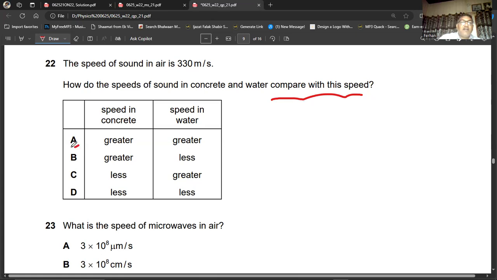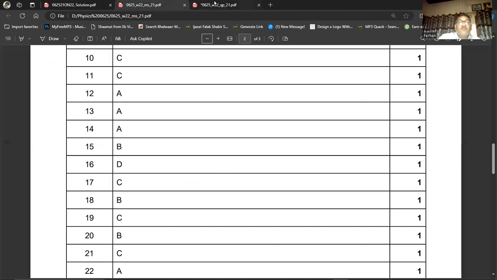So greater, greater. A very tricky sentence which he has used. Question number 22, A is the right option.